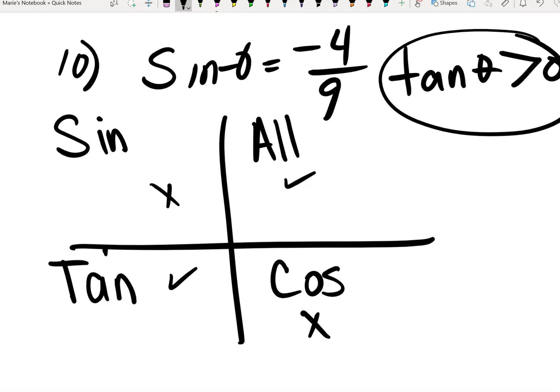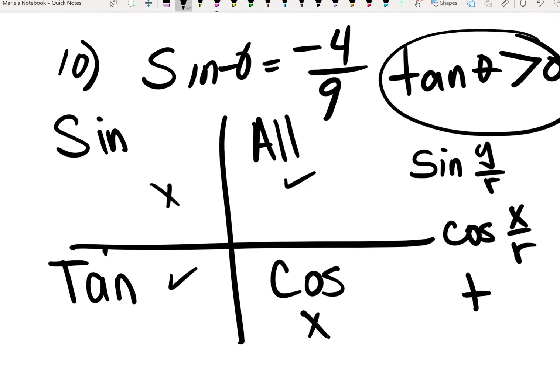Second thing to note, you see this negative? If you go back to your ratios, remember you have sine, which is y over r, you have cosine, x over r, and you have tan, which is y over x. If that is the truth, then y has to be negative and r positive, or r really doesn't impact us.